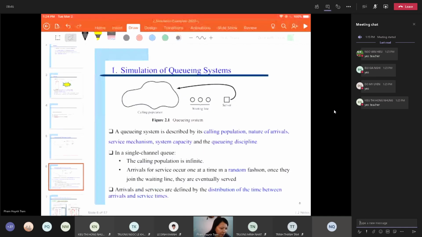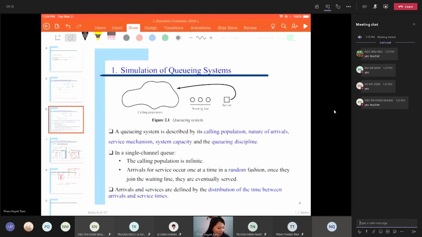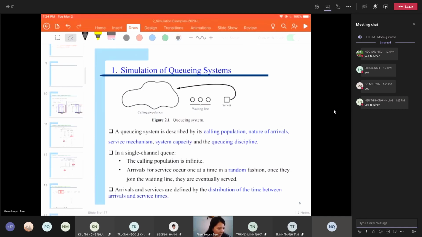We used a simulation table where we try to simulate the randomness of the arrival of the customer and the service time, and then we monitor the statistics like the waiting time of the customer, the number of the customers in queue, or the idle time of the server, right?